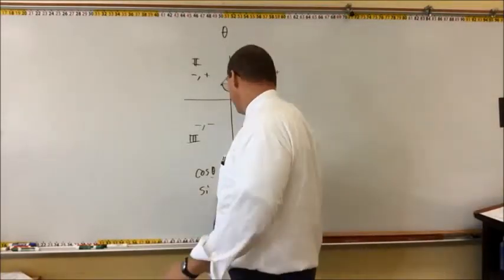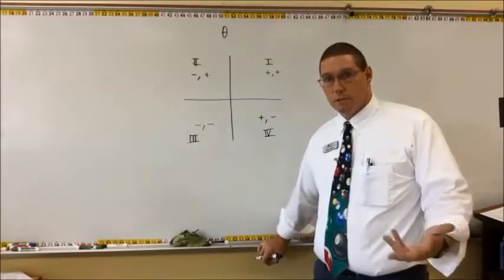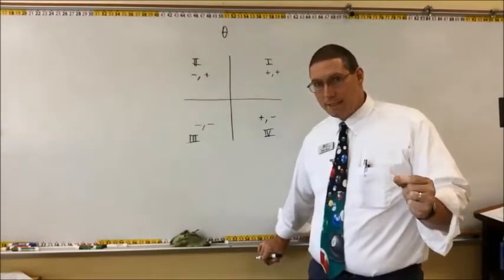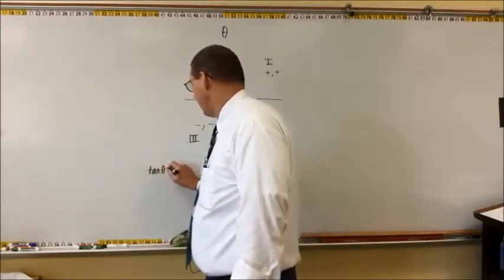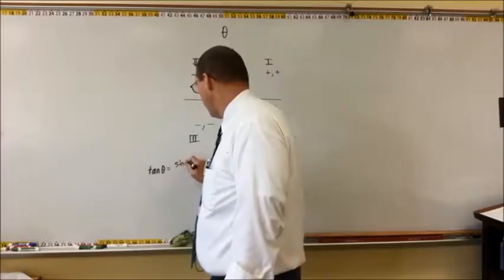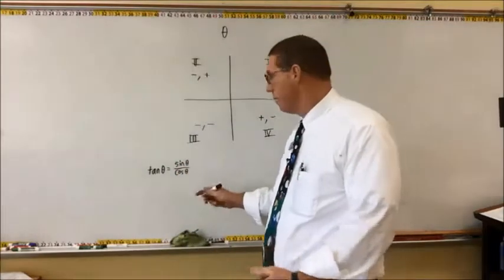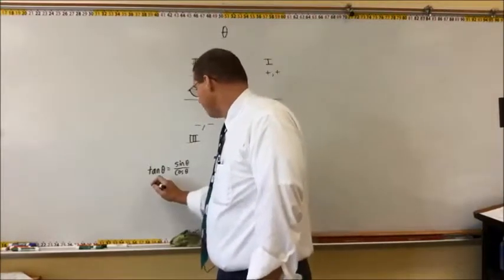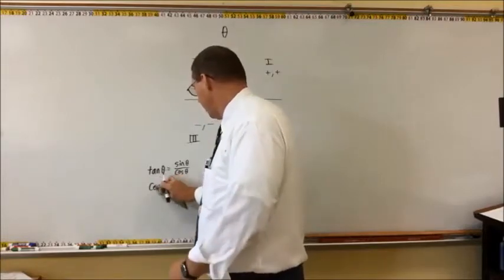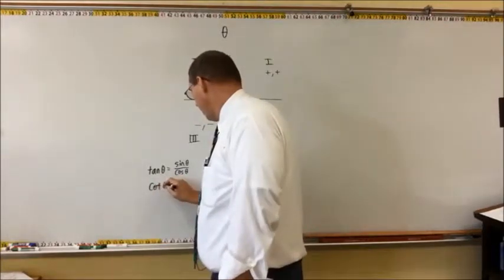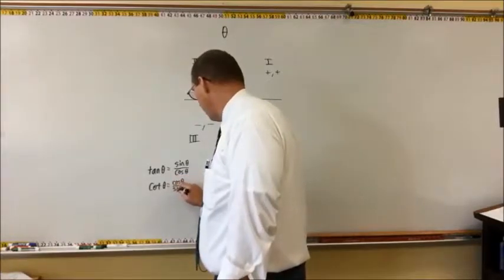Now it gets a little more complicated when we're dealing with tangents and cotangents and secants and cosecants. But if you remember that tangent of theta is equal to sine of theta divided by cosine of theta, we have just turned it into sine and cosine. And cotangent of theta is equal to cosine of theta over sine of theta.